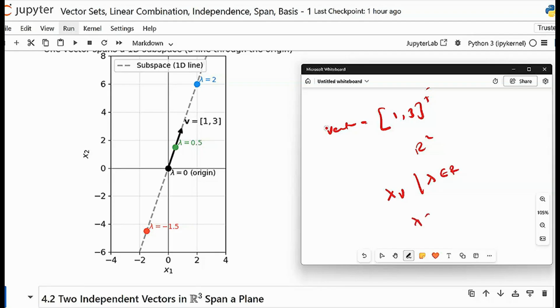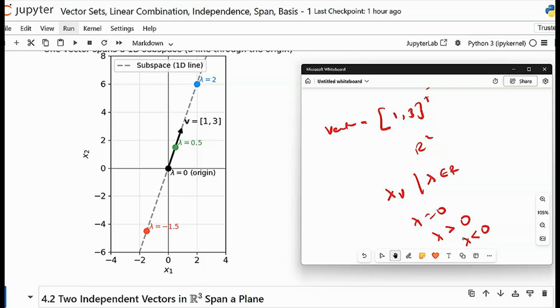Setting lambda equal to 0 gives the origin, and if lambda is greater than 0, it extends in the direction of v, and if lambda is less than 0, it goes in the opposite direction.